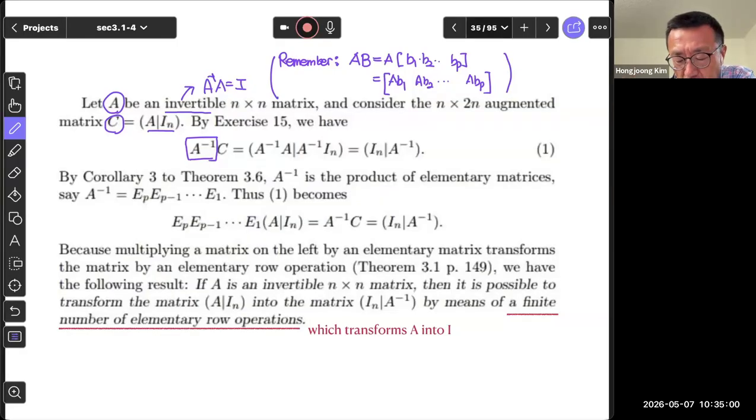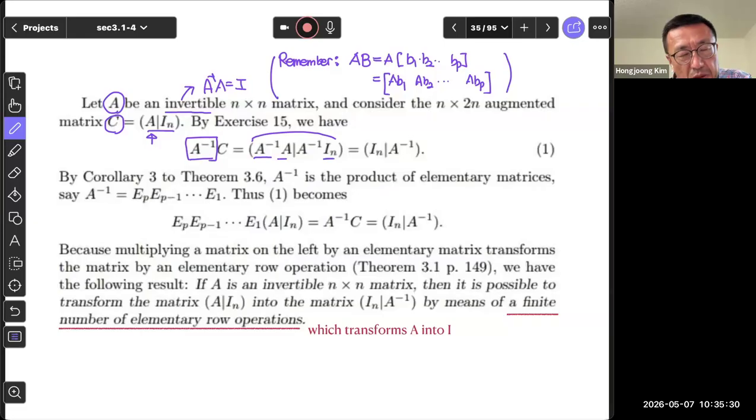The result will be a huge augmented matrix, where the first n columns are obtained by multiplying A inverse to the matrix A, and the next n columns are obtained by multiplying A inverse to the identity matrix, because C is constructed in that way.